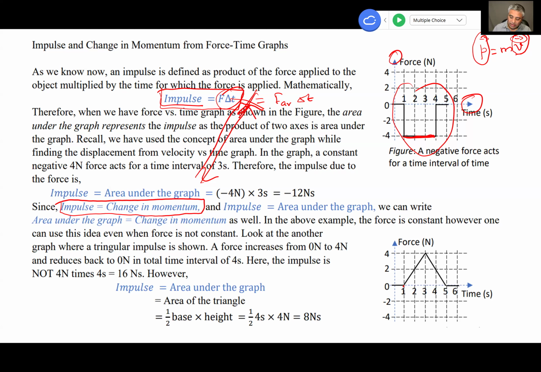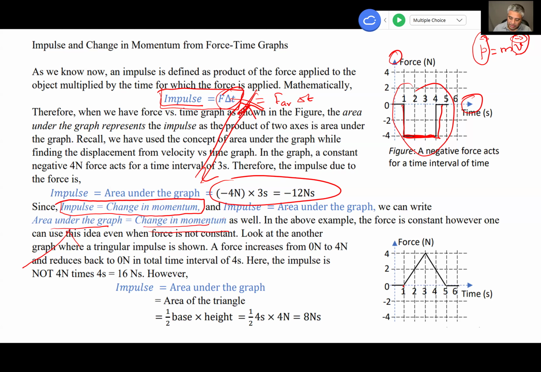Okay. So over here you see I'm finding the impulse, and then I'm using the area under the graph as change in momentum. So whenever you need, you can write area under the graph, which gives you impulse, and it can be positive or negative depending on which side the force is, positive side or negative side.